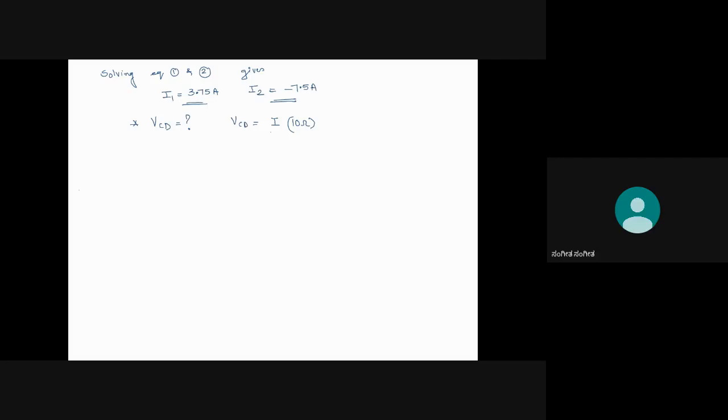I1 minus I2. Yes, it's a mutual element present between the first loop as well as the second loop. So you can take the difference of the two currents, as you said, I1 minus I2.